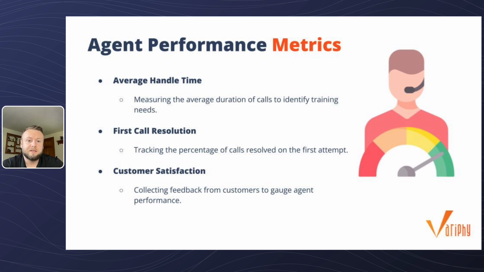This is a pretty critical indicator of agent effectiveness. And then customer satisfaction scores. If you're collecting feedback from customers to gauge agent performance and service quality after the call through some third party, that information can be hugely helpful in making adjustments in your call center to improve your efficiency.